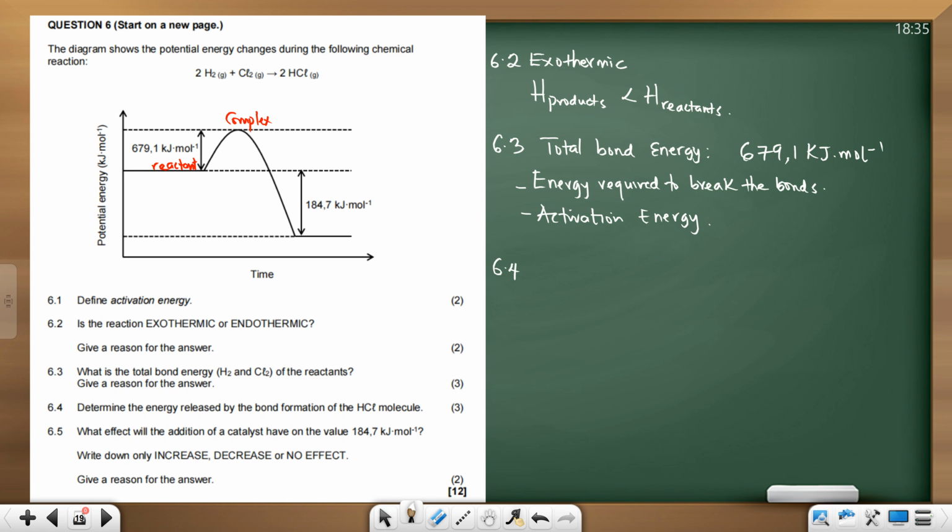Remember, bonds are first broken, then the bonds are formed after passing through the activated complex. Is that okay? So this is going to be the energy released from bond formation. So bond formation would be this.